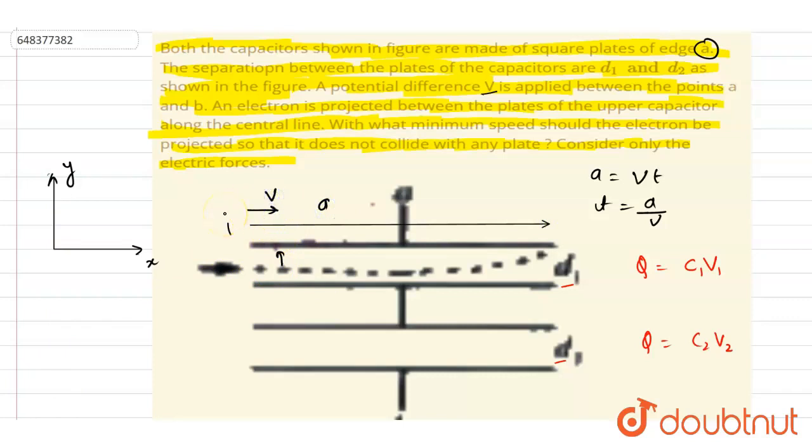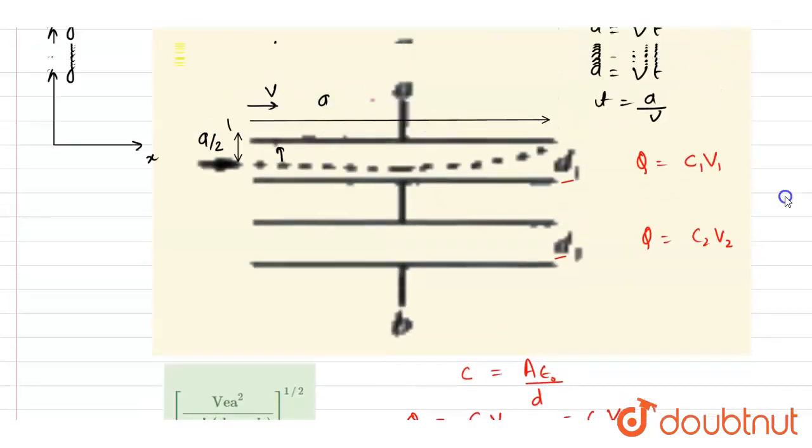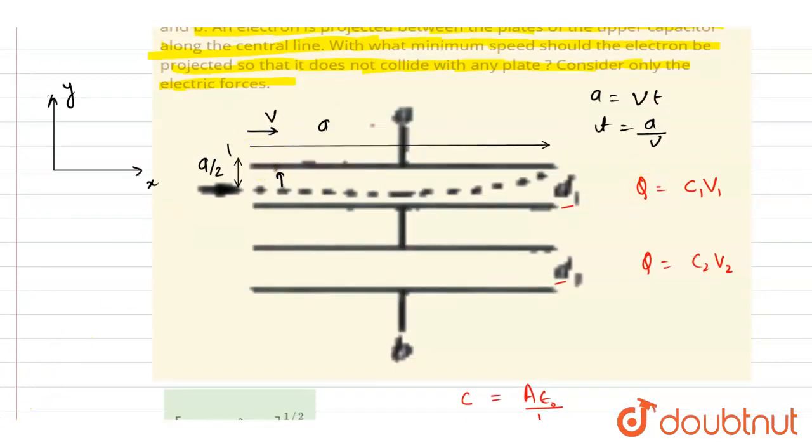But the electron will also travel some distance in the y direction, and what is that distance? So in a by v time, the electron should travel the distance d1 by 2.